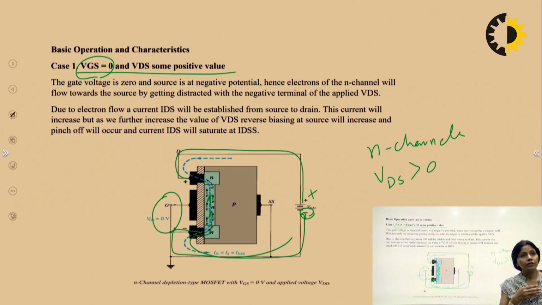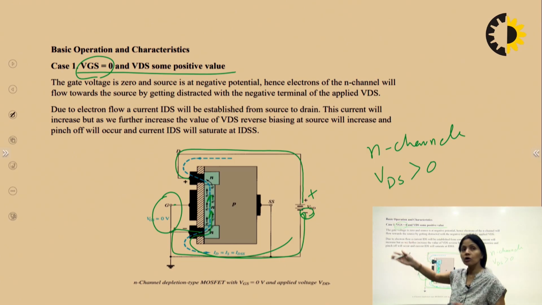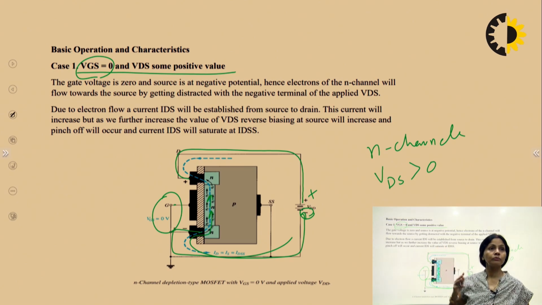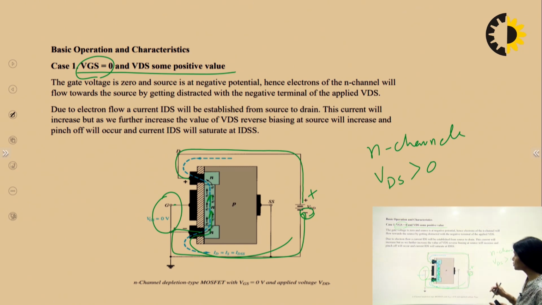So electrons can move very easily from source to drain. You need to explain this particular point, right? Due to electron flow from source to drain, there would be a current in the reverse direction, from drain to source, right? So this is how you will show this current.